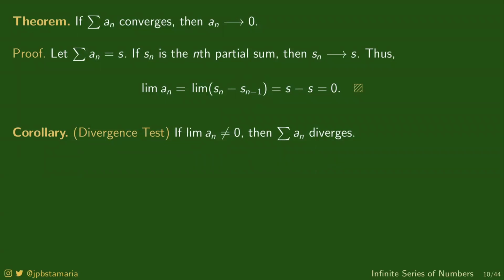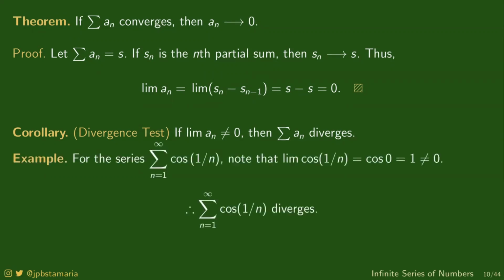Parang ang negative mo naman. Karaniwan ng mga theorems kasi they are stated in a positive tone. Karaniwan pero not always. Right? So, if the limit of a sequence a sub n is not zero, then the sum does not exist. In other words, the infinite series must diverge.